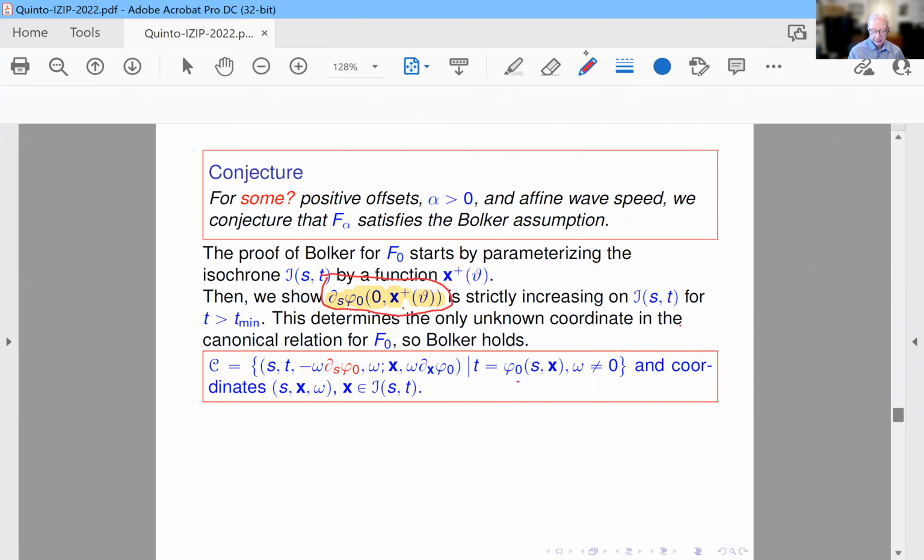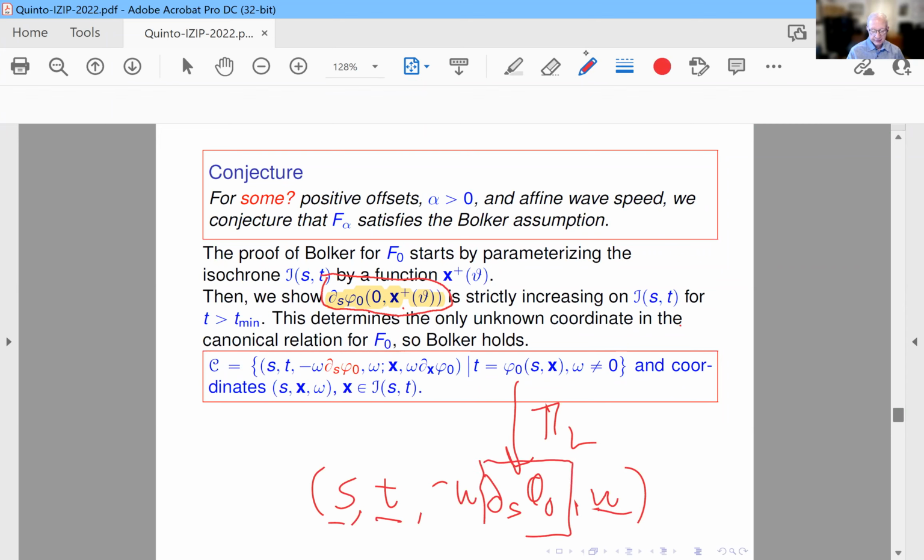So as we look at the canonical relation, it projects to pi L: s, t, negative omega gradient s of t0, omega. From this, we know from the projection s, t, and omega.